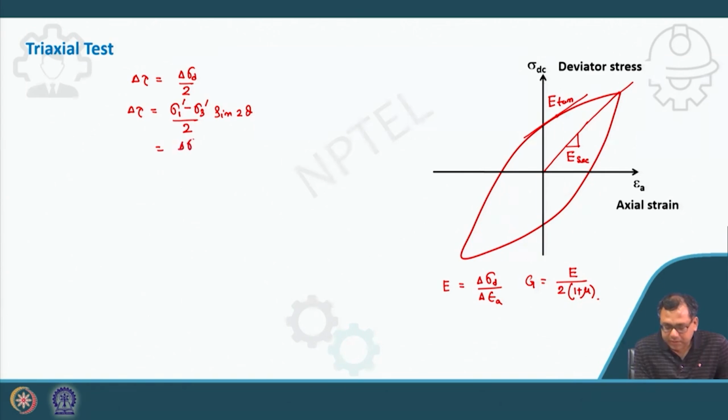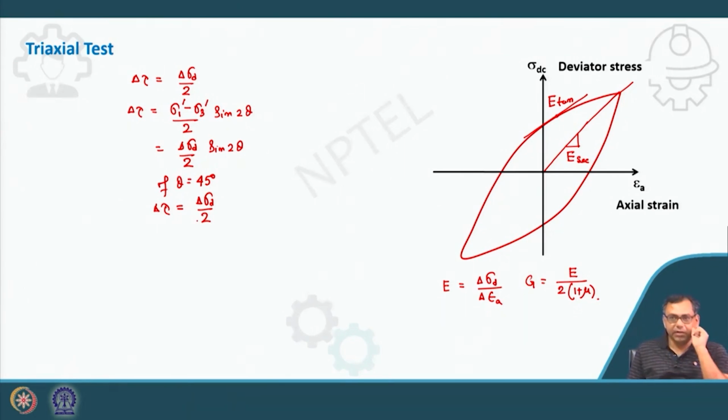So this will be my deviator stress divided by 2, into sine 2 theta. Now if your theta is 45 degrees, then I can write that shear stress is equal to half of the deviator stress, but it is valid only if theta is 45 degrees. Remember that.